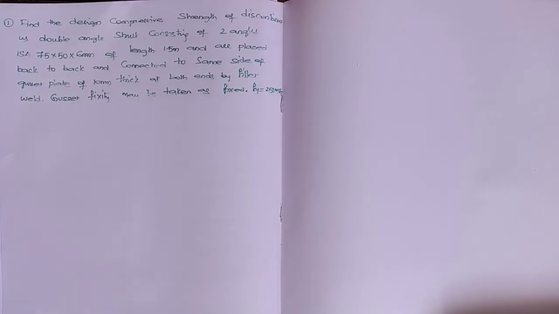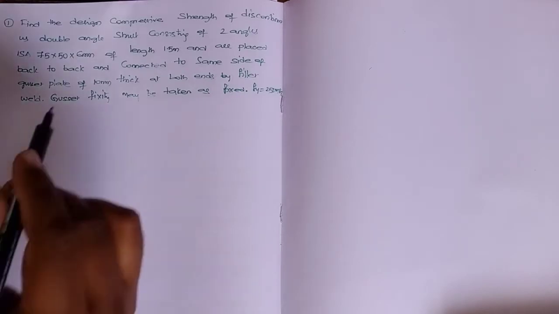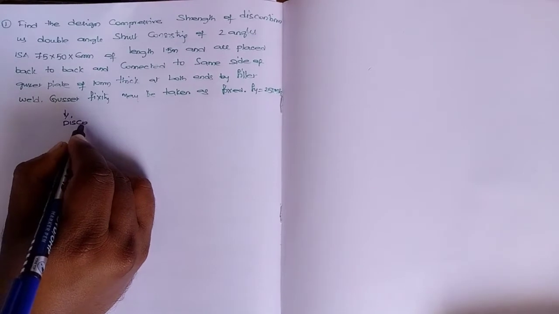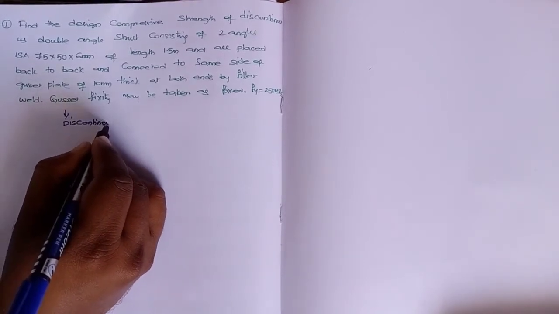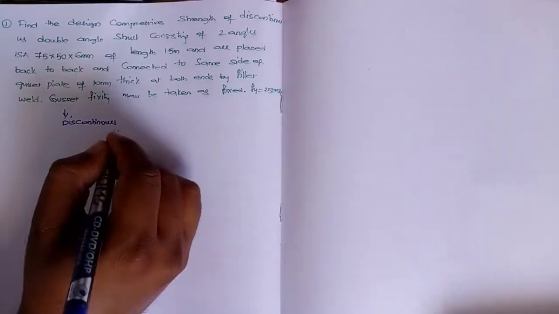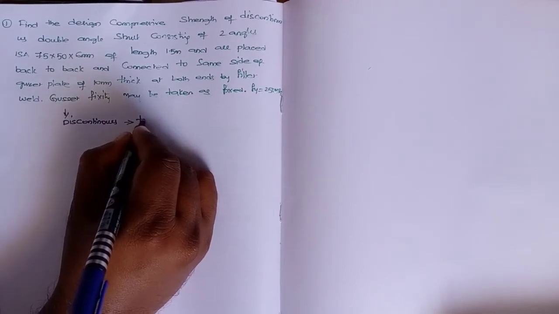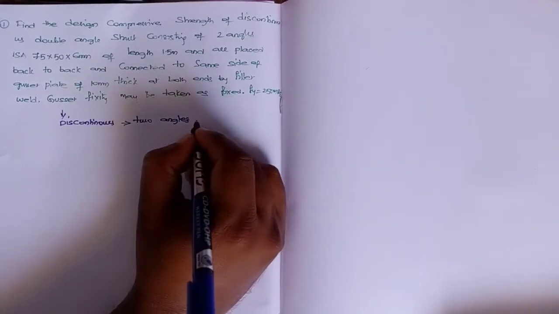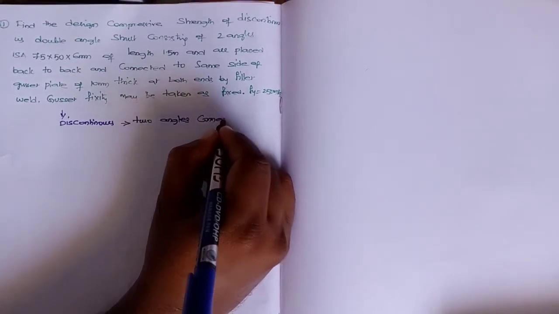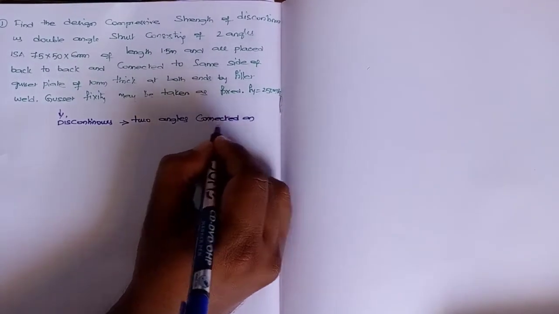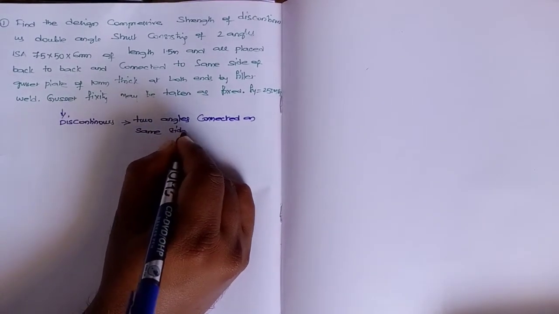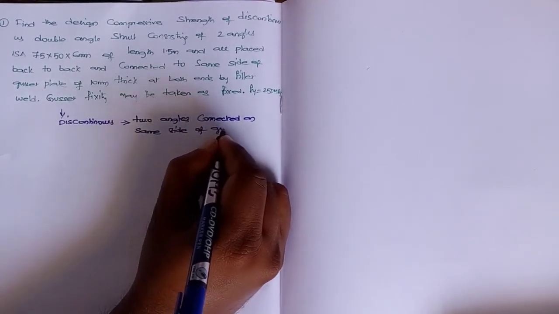Now this is discontinuous. Okay, next it is two angles connected on same side of gusset plate.